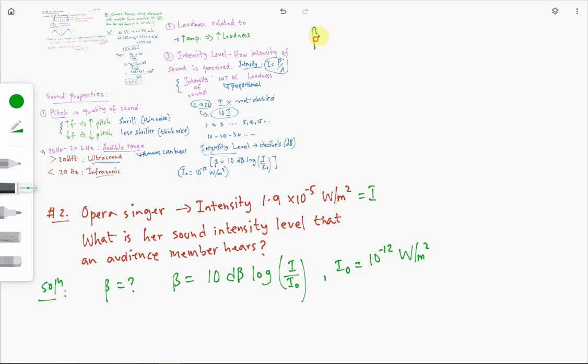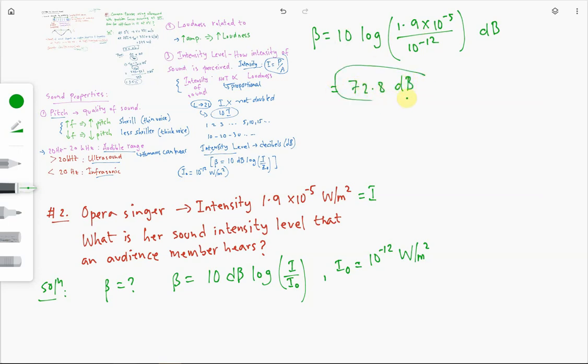And therefore, beta becomes 10 times log of I, which in our case is 1.9 times 10 to the minus 5 watt per meter squared, divided by I naught, which is 10 to the minus 12 watt per meter squared. So the watt per meter squareds go away, and we only have units of decibels, which was attached to this 10. If you calculate this out, first divide these two, that's always easier, and then take the logarithm of that, multiply that by 10, your calculator should spit out a value of 72.8 decibels.